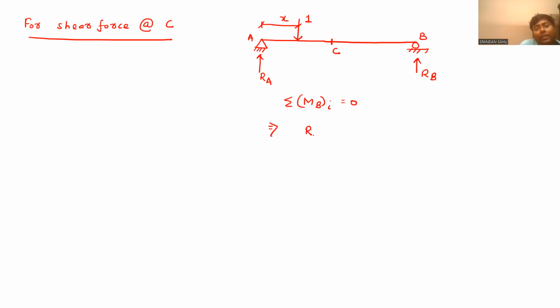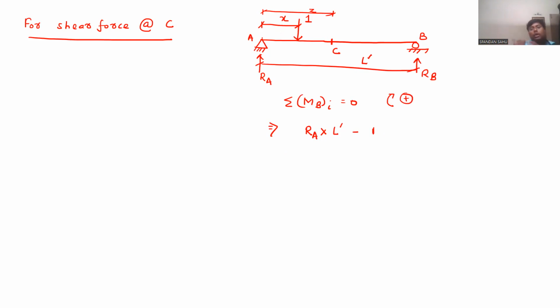So when you write, you will get RA into, let us say, C is at a distance of Z and the total length is L prime. Now, RA into L prime minus 1, and I am taking clockwise moment to be positive.